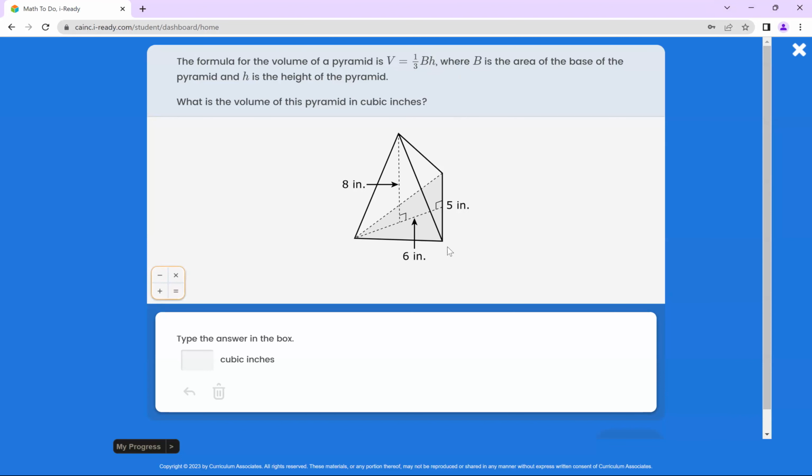This one is possible. Basically it would be 8 equals 1/3 times 6 times 5, because it's base times height. The only hint I'm going to give is that the base is a triangle and the height is given.